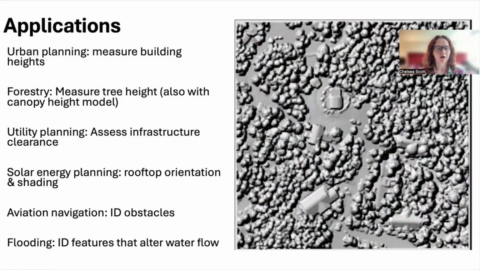There are many applications of digital surface models. For example, in urban planning, these can be useful for measuring building height. For forestry, they can be used to measure tree height, along with the common canopy height model. For utility planning, they can be used to assess infrastructure clearance.